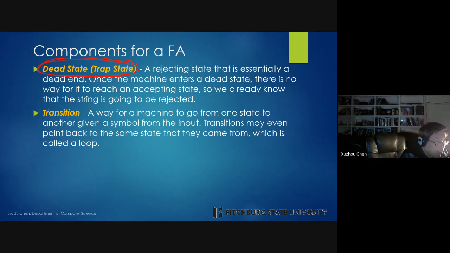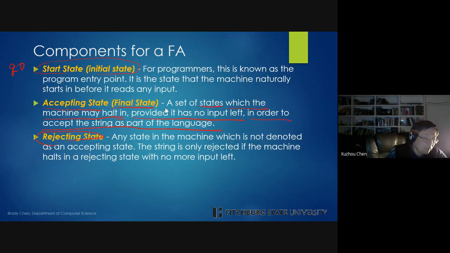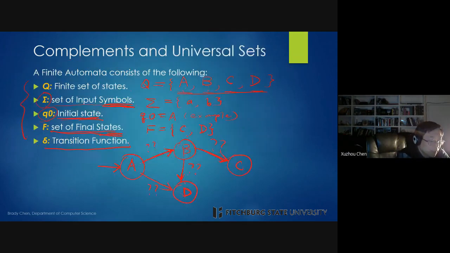And then a transition. A transition is a way for a machine to go from one state to another, given a symbol from the input. So we transit from one state to the other under certain circumstances. What is this circumstance? That's the symbol.